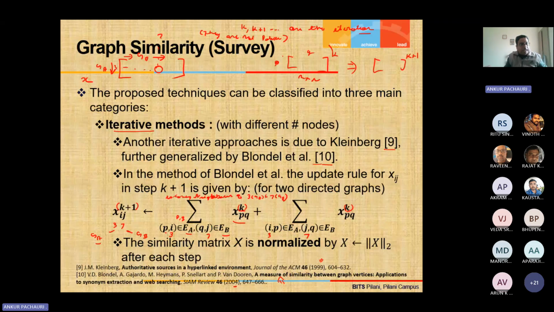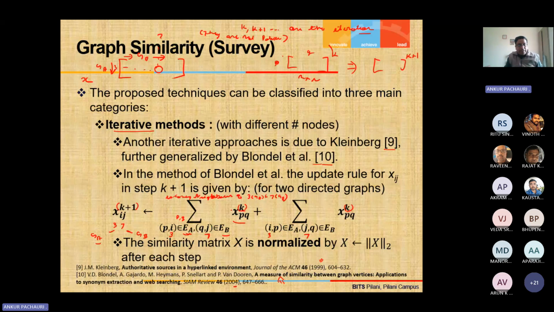If those are not directly connected, those values will not be participating. So all those PIs, the incoming neighbors of 3 in EA, and all those QJs, 1,7, 2,7, 3,7, 4,7, 5,7, that belong to the edge set of B, means all the incoming neighbors of node 7 in graph B, and incoming neighbors of node 3 in graph A, their similarity scores are being added.